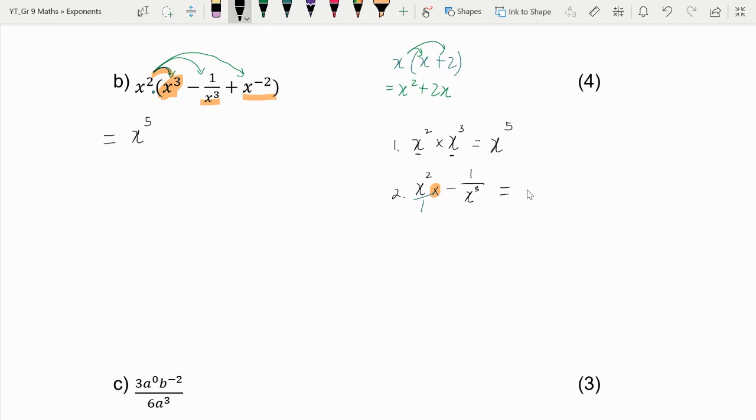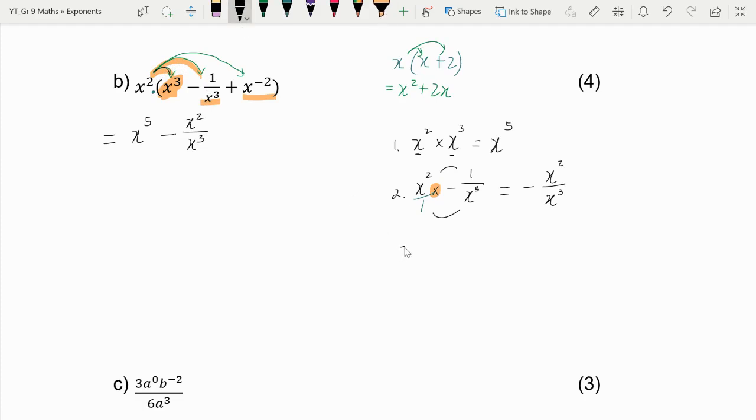Well, a positive times a negative, we know we're going to land up with a negative fraction. We multiply our numerators, x squared times 1, and we multiply our denominators. So that is where we're going to land up. Okay, I'm just going to write that one. We'll simplify it in the next step. So there we are going to land up with that. That is when we multiplied that in. So we distributed that in.